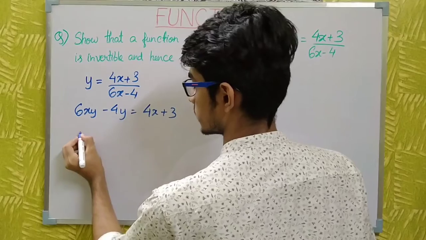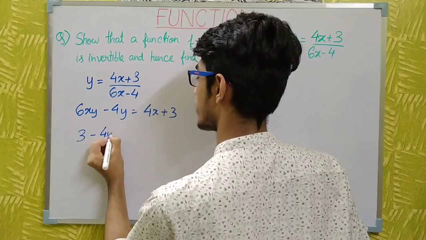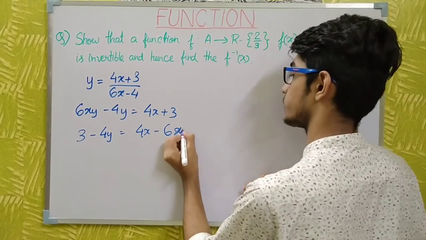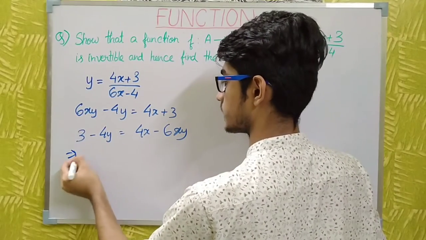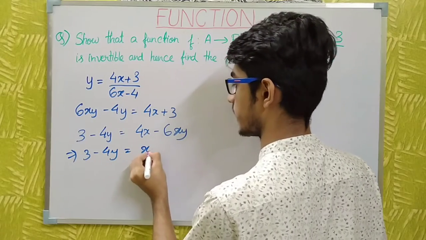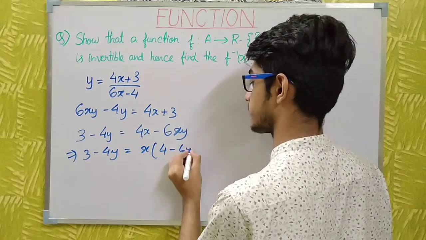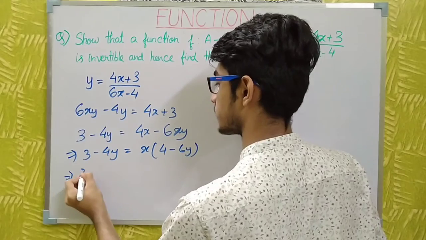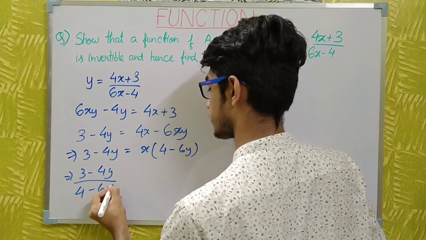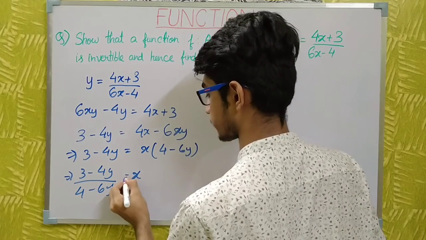Then 3 plus 4y equals 4x minus 6xy. Then 3 plus 4y equals, taking x common, x times 4 minus 6y. Then 3 plus 4y by 4 minus 6y equals x.